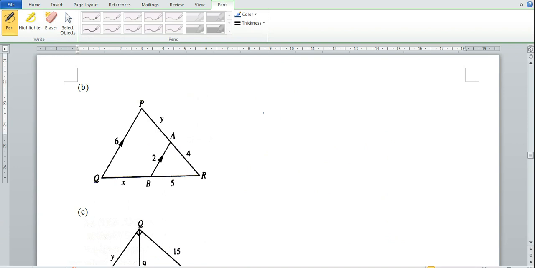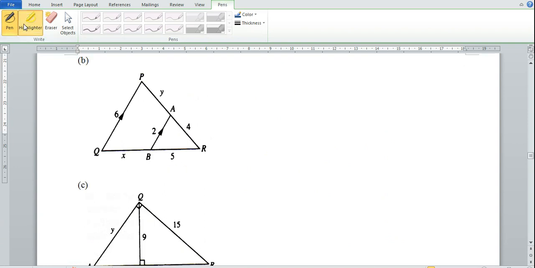We are supposed to identify the similar triangles, and in this case, again, we have a parallel line to work with. We have some sides that are given. Based on the parallel lines, I can see that we have a common angle, because we have two overlapping triangles. Because they are parallel, we have a corresponding angle.